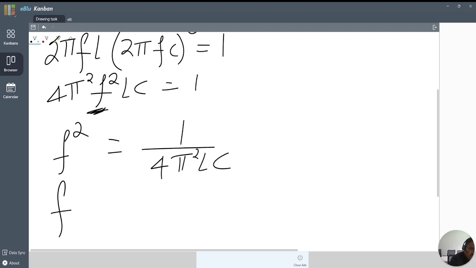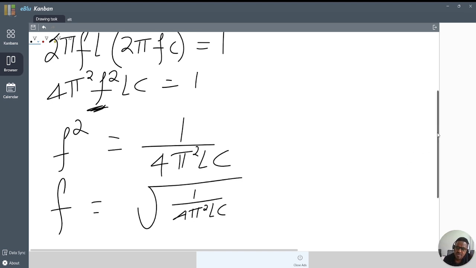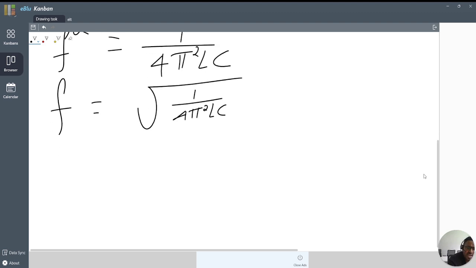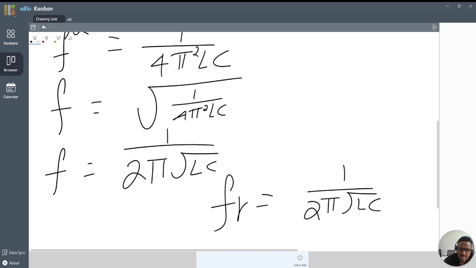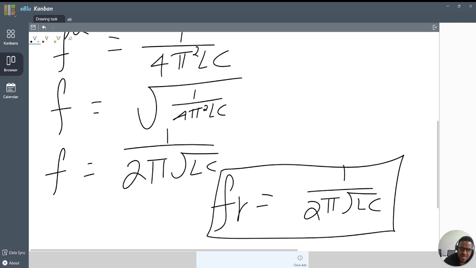So F becomes the root of 1 over 4 pi square LC. When you take out of the root, 4 becomes 2 and pi square becomes pi, under the root of LC. So the resonant frequency is 1 over 2 pi root of LC.